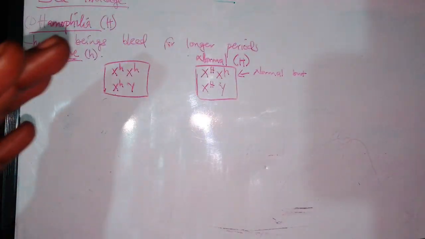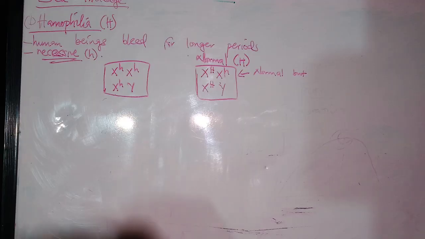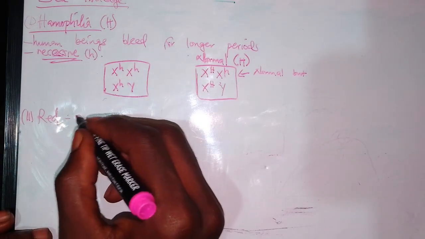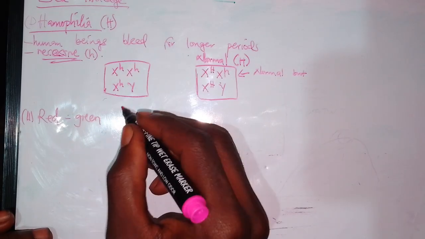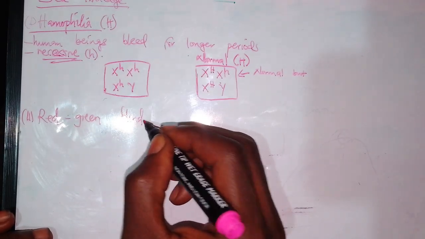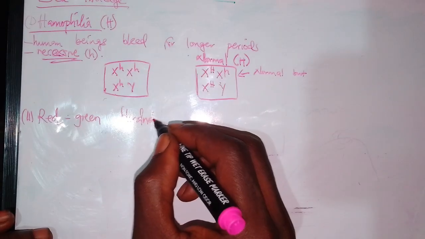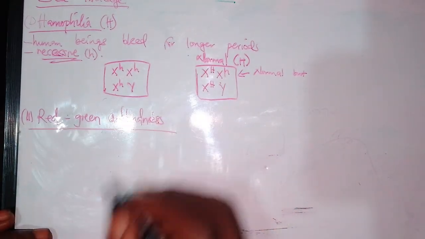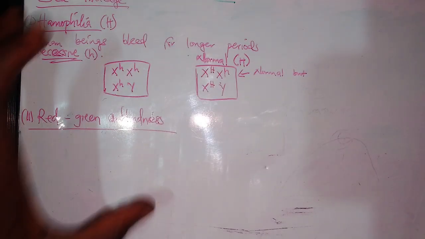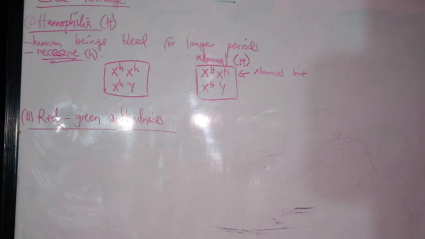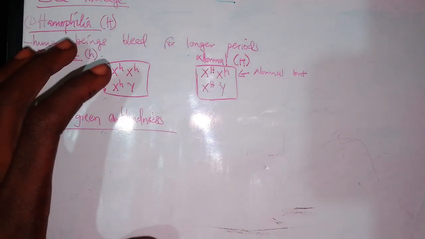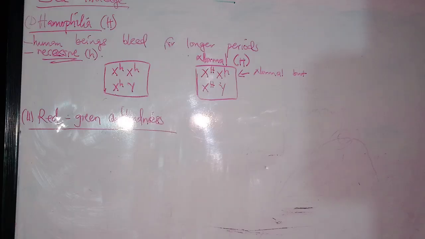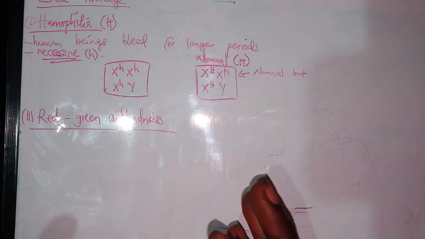Another disease is what is known as red-green color blindness. What do you mean when you say red-green color blindness? This is a type of disease where you won't be able to distinguish between red and green.